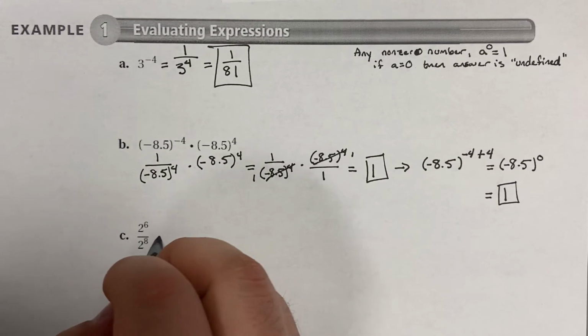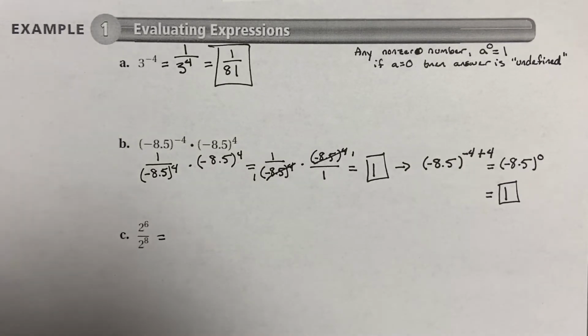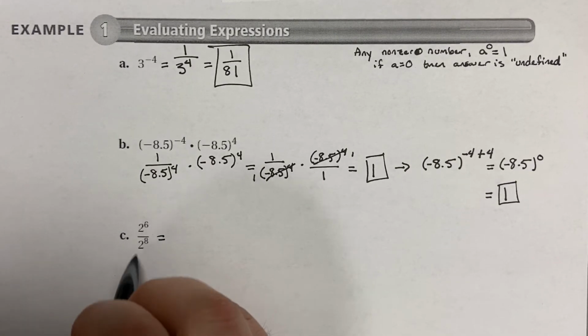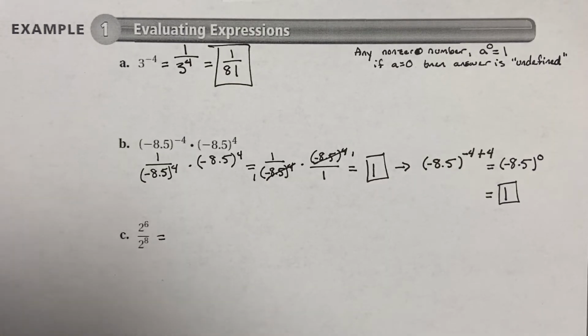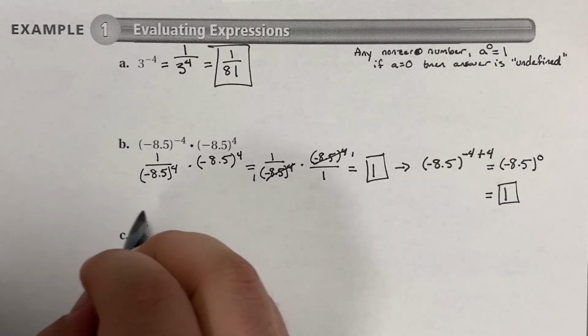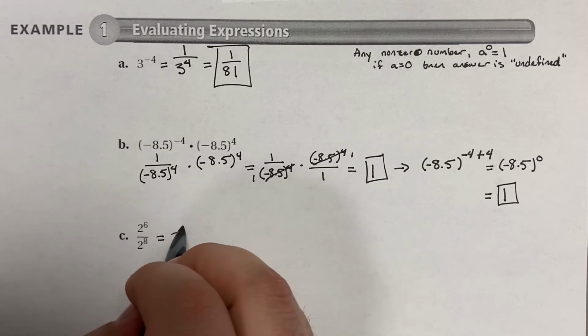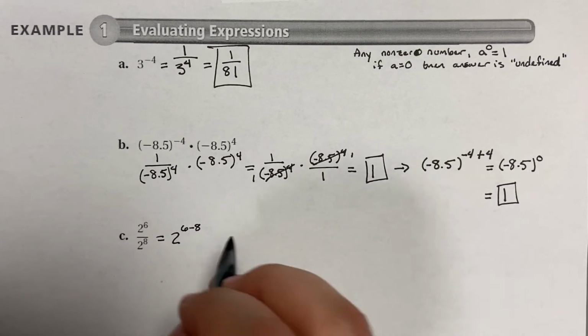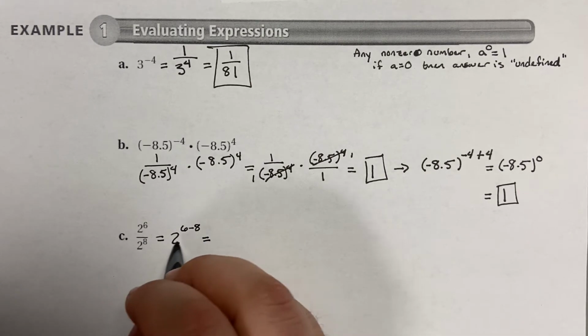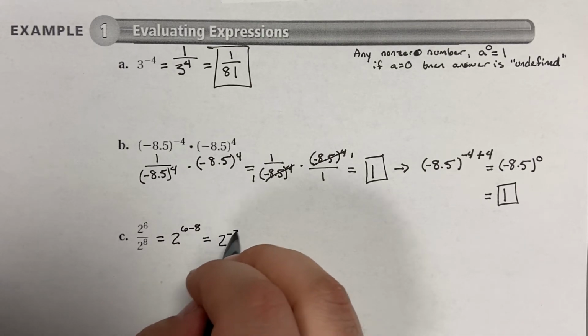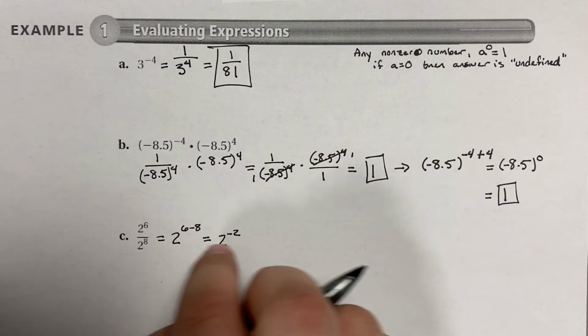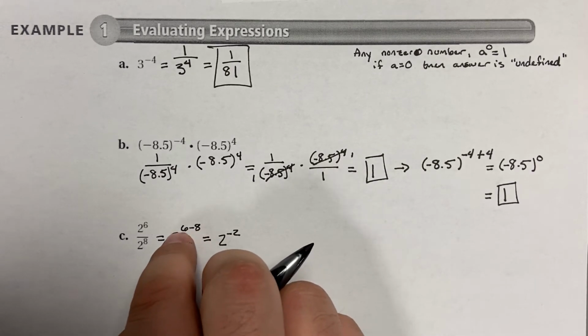Let's take a look at how this works out when we end up with a negative exponent after an operation. This is the same thing as our base, and then subtract our exponents. That's 2 to the negative 2, because 6 minus 8, 8's bigger, so I keep the negative, and 8 minus 6 is 2.